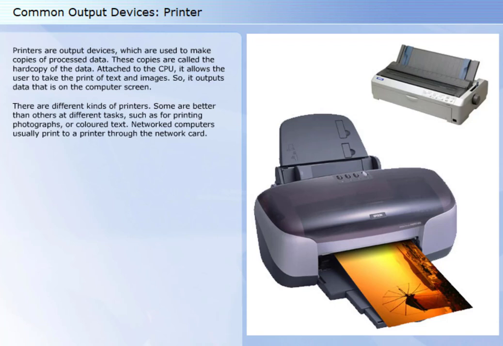Some are better than others at different tasks, such as for printing photographs or colored text. Networked computers usually print to a printer through the network card. The 3 main types of printers are character printers, line printers, page printers.